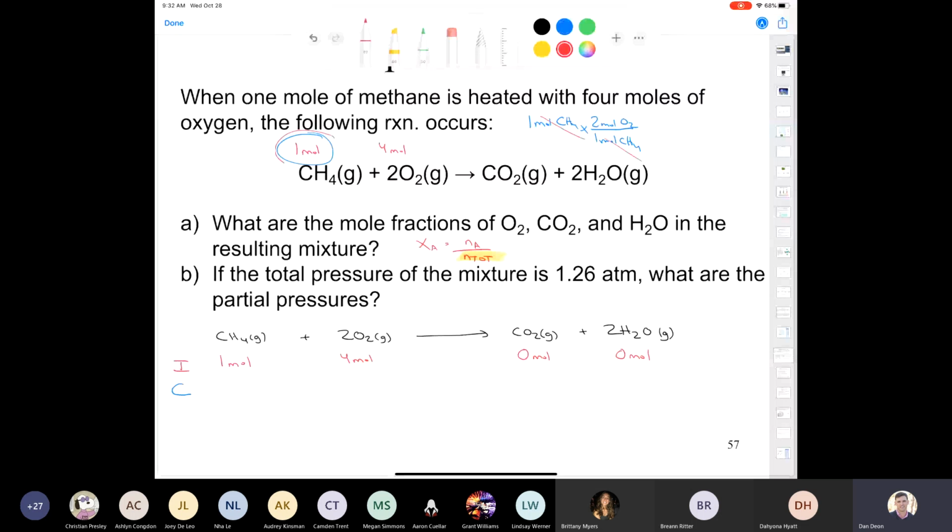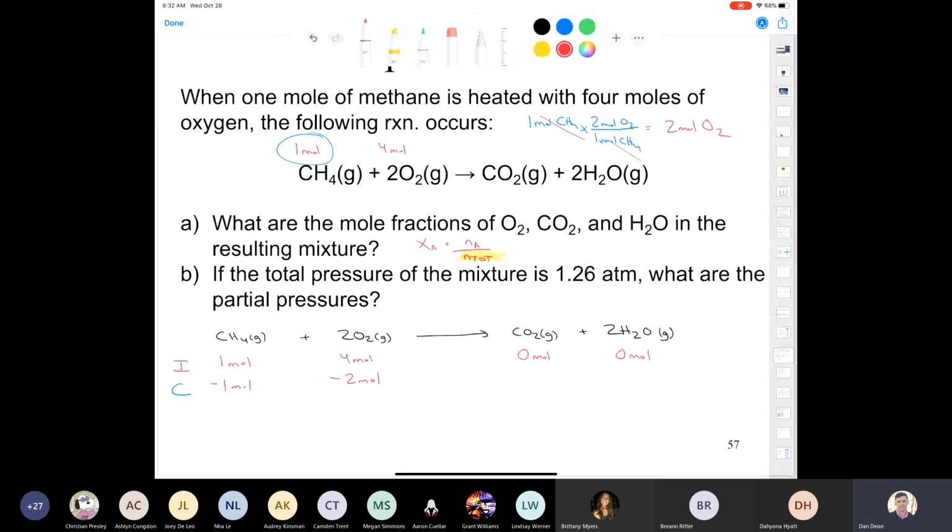So that means if I'm starting out with 1 mole of methane, I'm only going to end up using 2 moles of oxygen. So I'm going to end up losing all of my methane, but I'm only going to lose 2 moles of oxygen. Give me a thumbs up if you follow me on that. All the methane's going to be gone, but I'm only using up 2 moles of the oxygen.